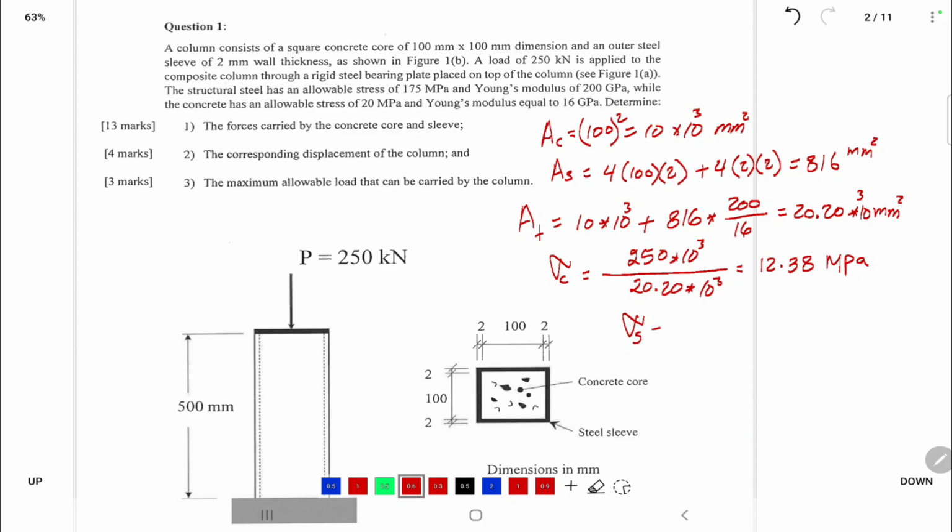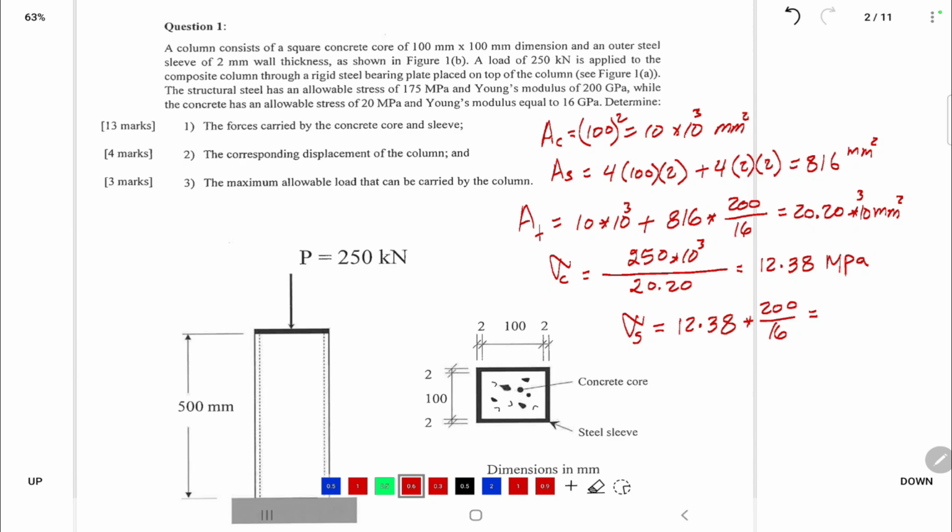Okay, now sigma sub s is equal to 250 over 20.2. The stress in steel is the same 12.38, but multiplied by the ratio, 200 over 16.